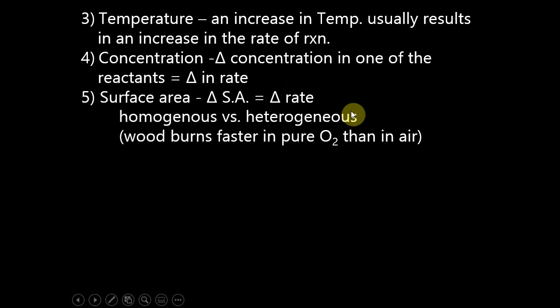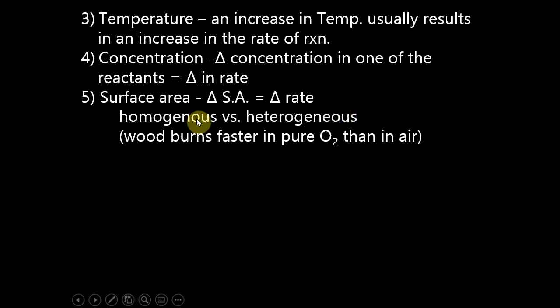Surface area. Again, this is where we talk about how much of the surface area is exposed to reaction. In other words, it increases the reaction sites when you have an increased surface area. Increased reaction sites allow for a faster reaction.